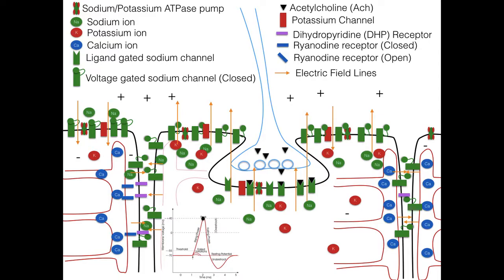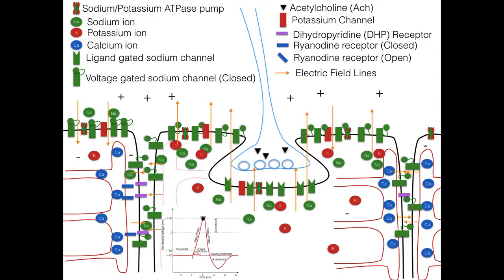Some of the acetylcholine is going to be destroyed by acetylcholinesterase. Remember, that's that enzyme that destroys acetylcholine. So those are the two ways we're going to get rid of acetylcholine. We have acetylcholinesterase that's going to just destroy acetylcholine.